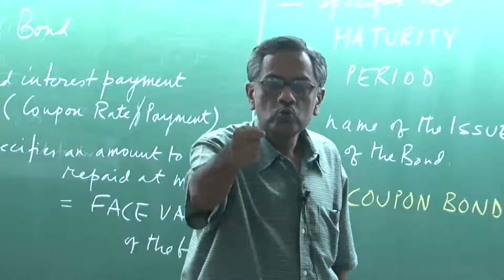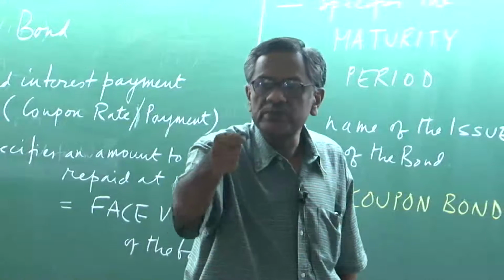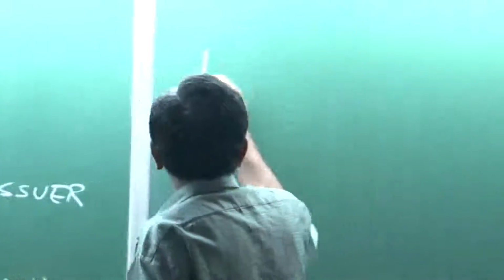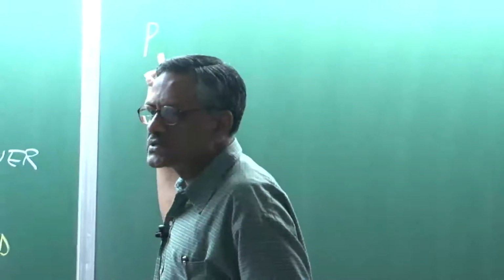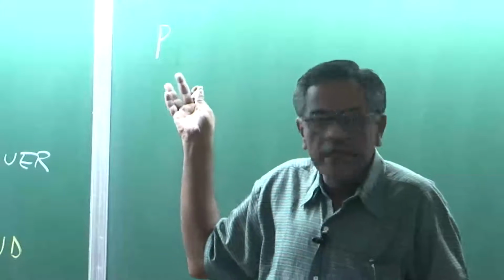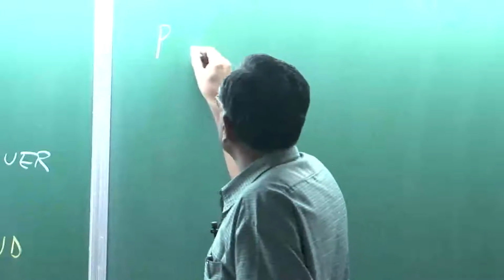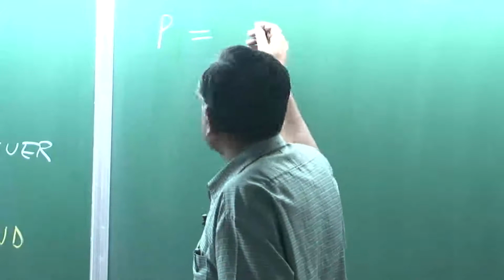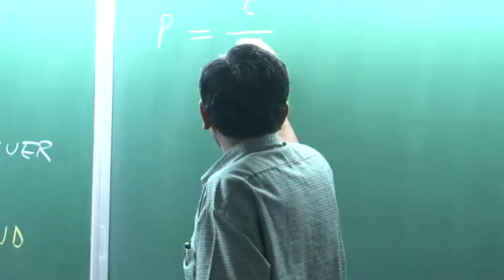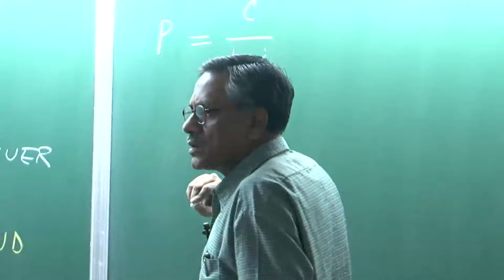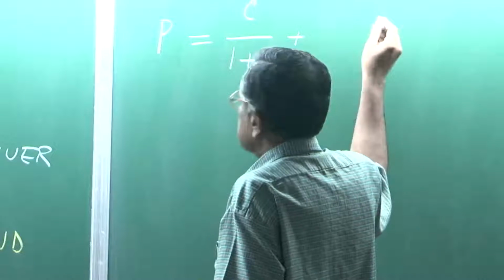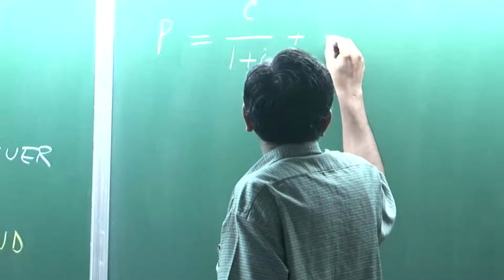What I am trying to say is, for a coupon certificate you are trying to purchase, there would be a price which is not 1000 rupees, which may be less than 1000 rupees, because it is a discount bond. You would equate that price with all the coupon payments that you will get and their present discounted value.